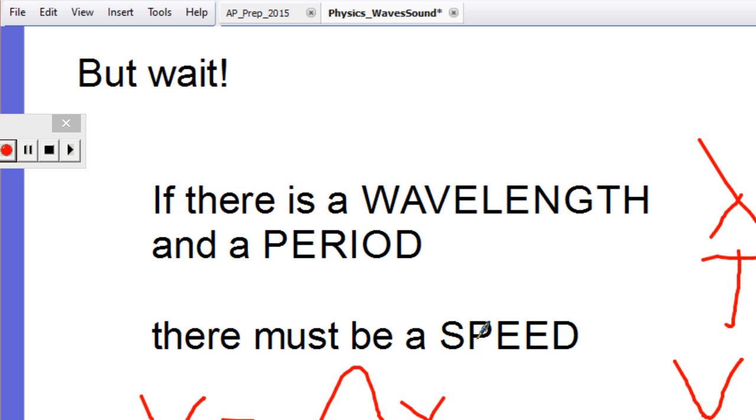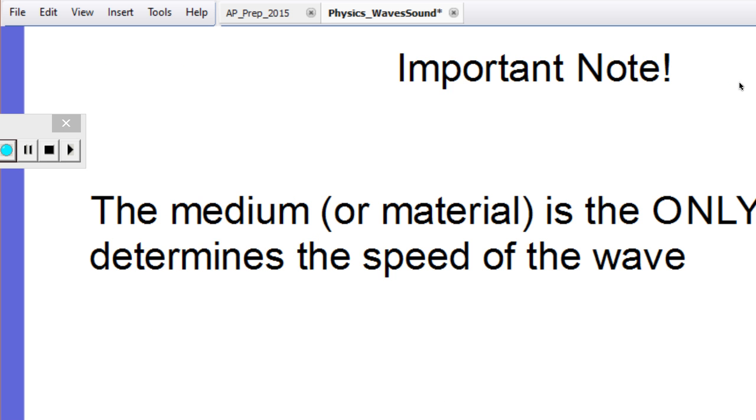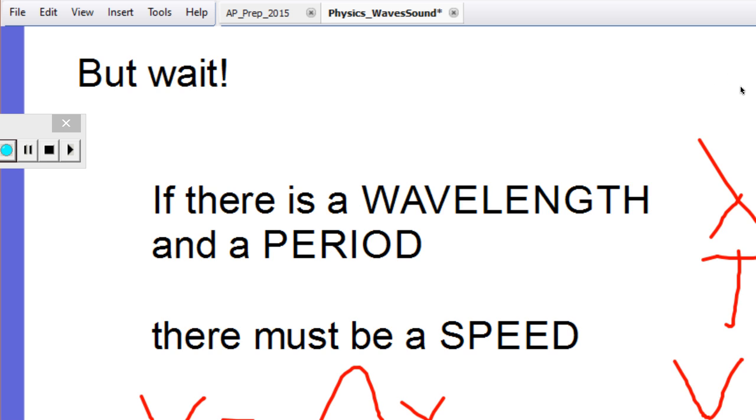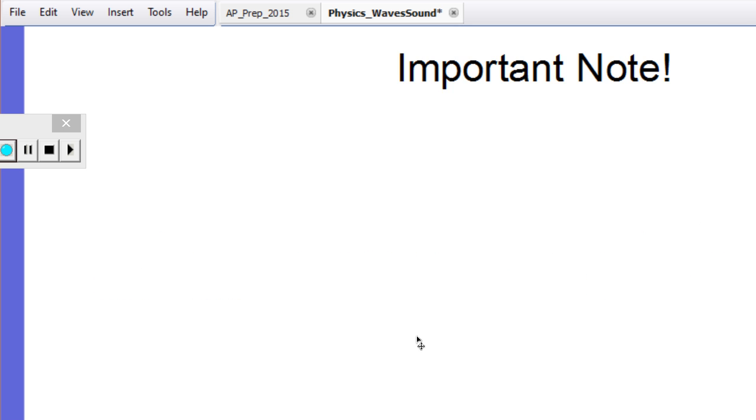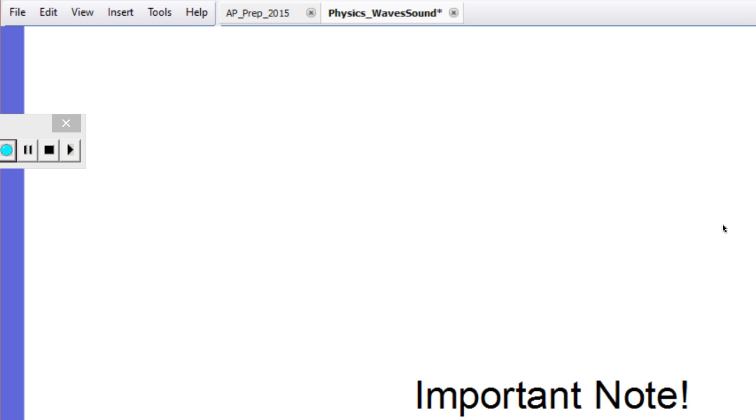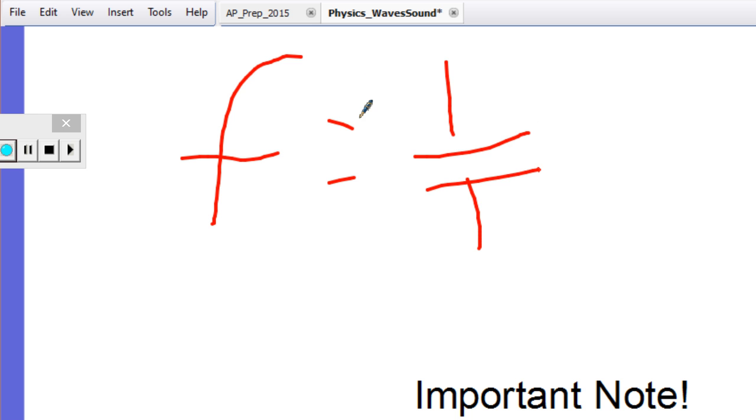Wave speed is going to equal our length divided by our time. Except 1 over period, that's our definition of frequency. So, wave speed equals wavelength times frequency.